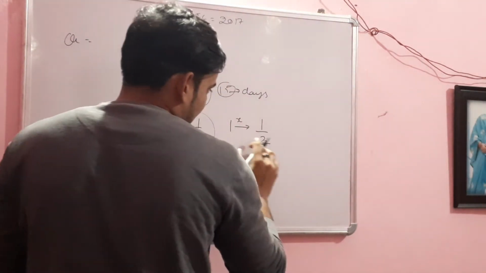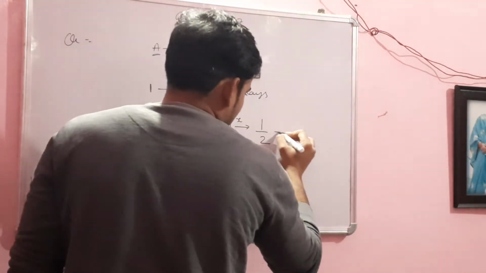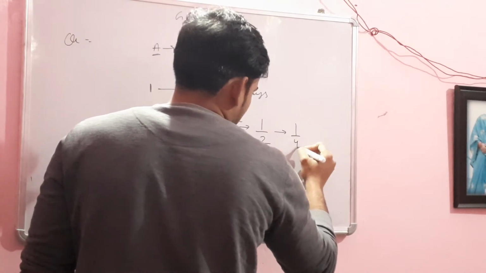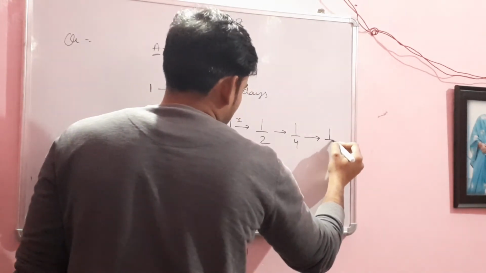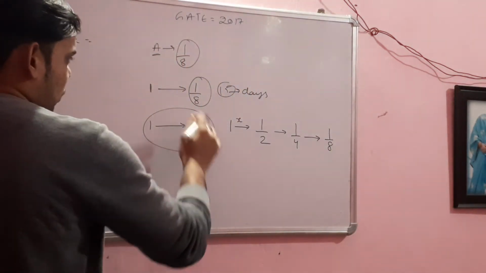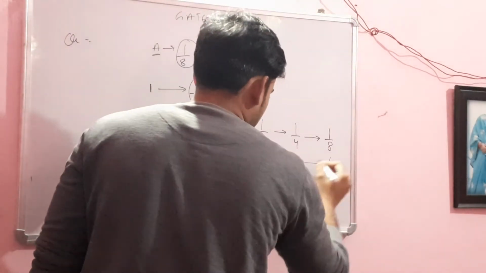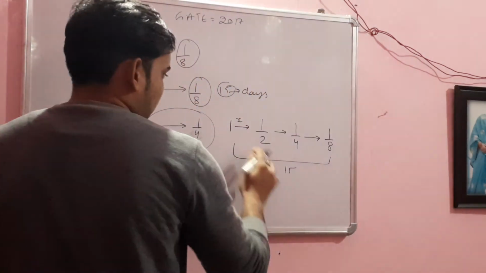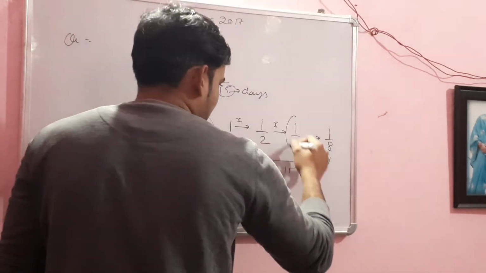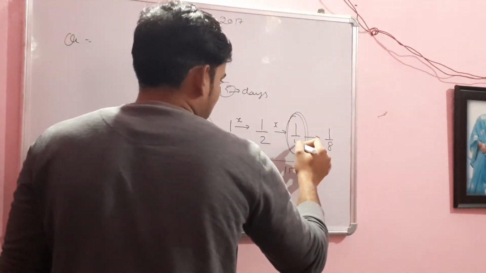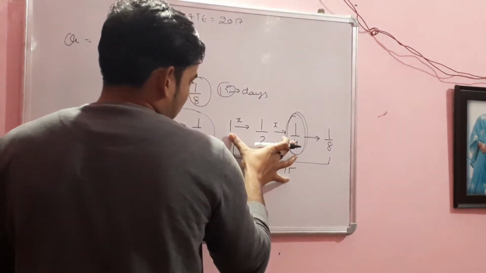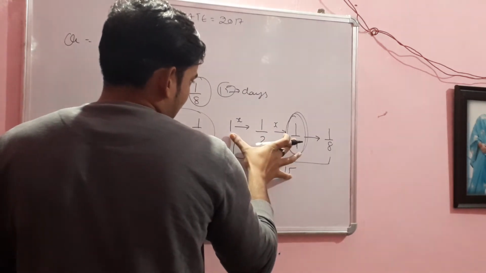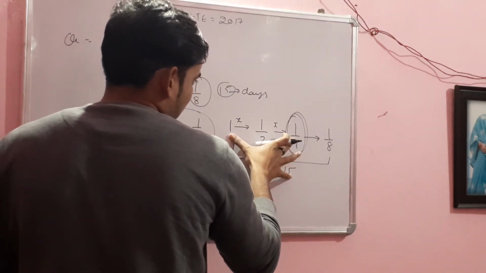So in the first half-life it will become 1/2, in the second half-life it will become 1/4, and in the third half-life it will become 1/8. So you have been given this value, 15, and you are asked the days for the compound to decay to 1/4 of its value.